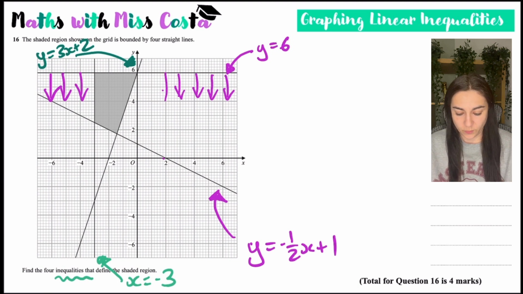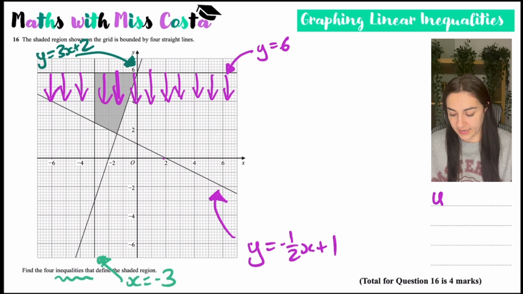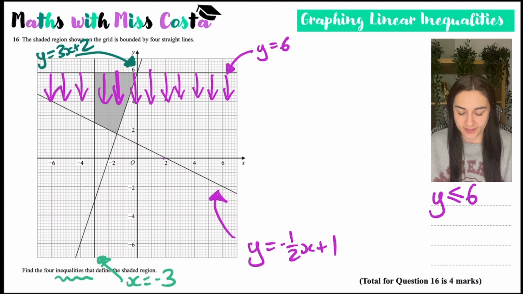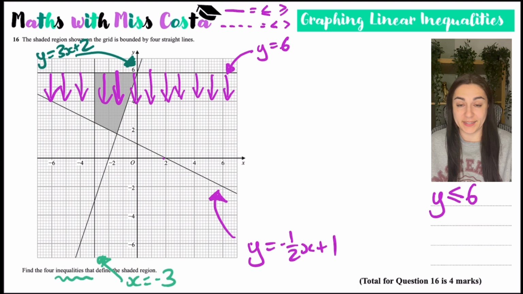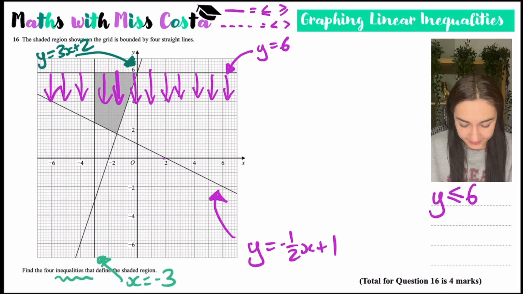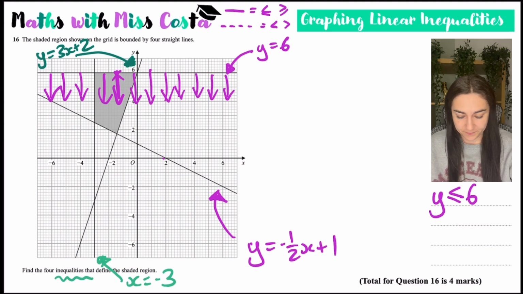So if the coordinates satisfied are less than this line, then it needs to be y is less than or equal to 6, because it's a solid line. So if you ever have a solid line, you know it's going to be less than or equal to. If you have a dotted line, it's going to be less than or greater than. Okay, so if it's a bold solid line, it can be equal to that point, because this coordinate here also satisfies that region. So that's my first line.